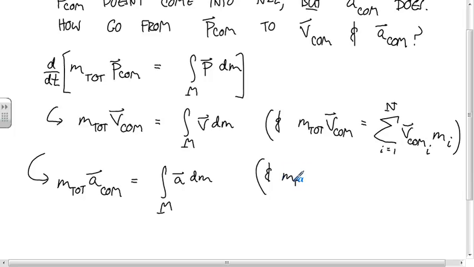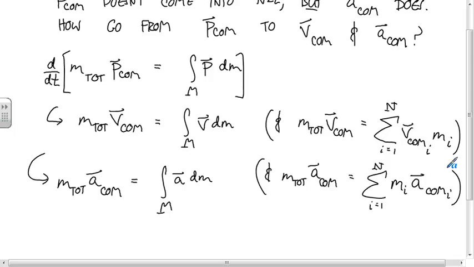So the total mass times the acceleration of the center of mass is equal to the sum from 1 to n of mi a com i. Okay. Yep. It's just like bookkeeping.